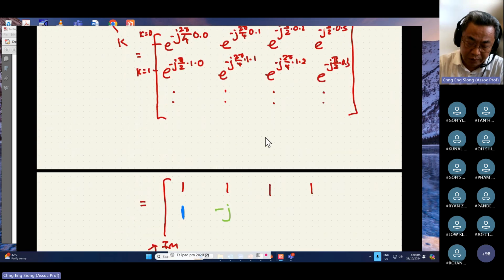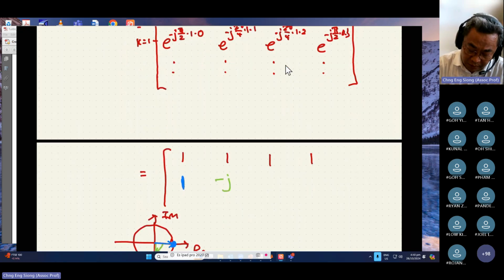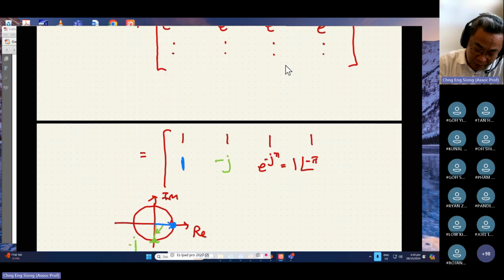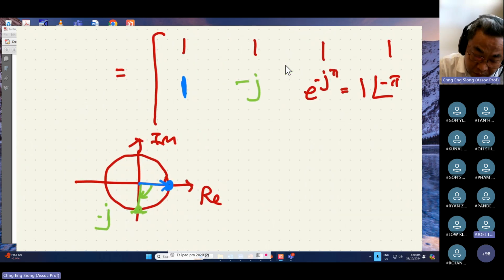So let's see the equation again. E to the minus j 2 pi, 2 times 2 is 4. So it's minus pi. So it is e to the minus j pi. What is e to the minus j pi? It is 1 angle minus pi. So let's draw 1 angle minus pi. I have to have a different color.